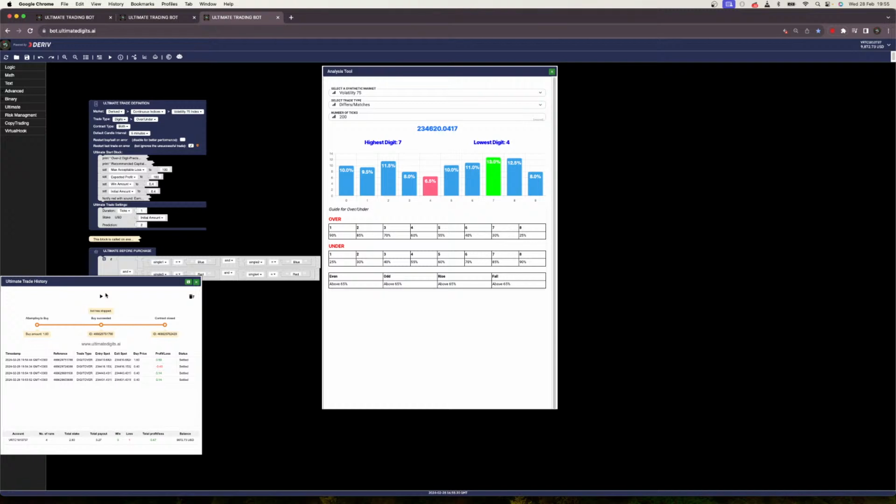When it's below 10% or digit 2 is a red digit, then it will be the most optimal point to run the over 2 precision digit bot.